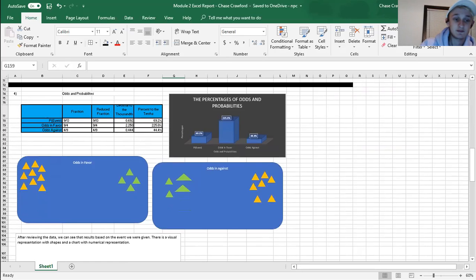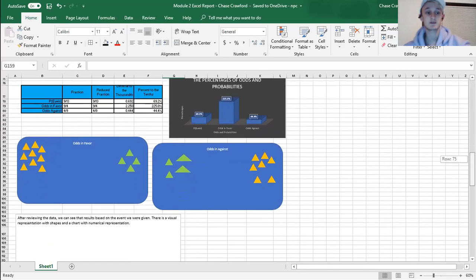So if you count the number of orange triangles on the first diagram, it's 9 over 4. And then if you look at the chart over the odds against, it'd be 4 over 9. And so if you look over here on the example on the right, it's switched, which is a visual representation of what's in this chart above.